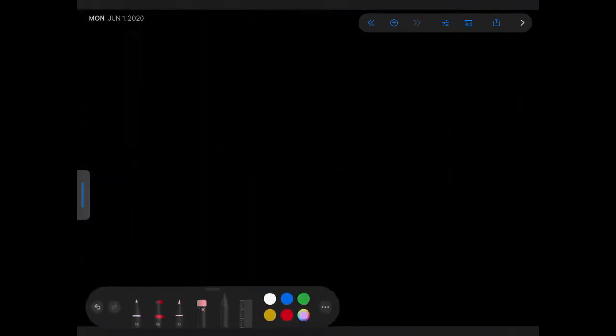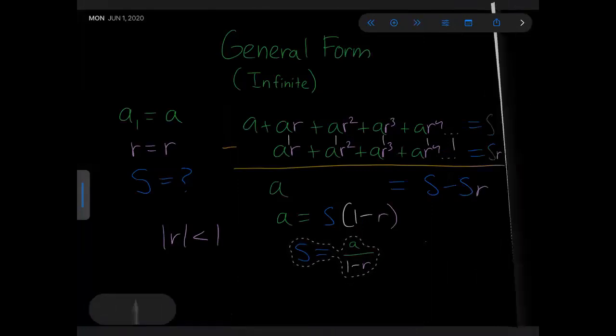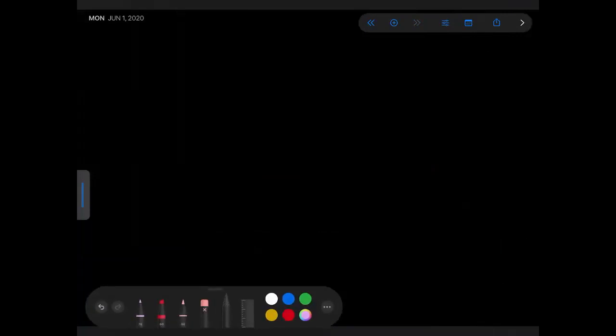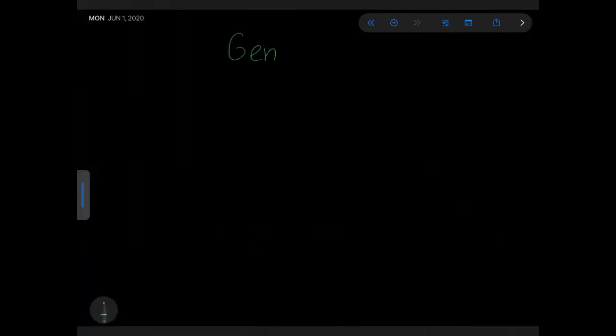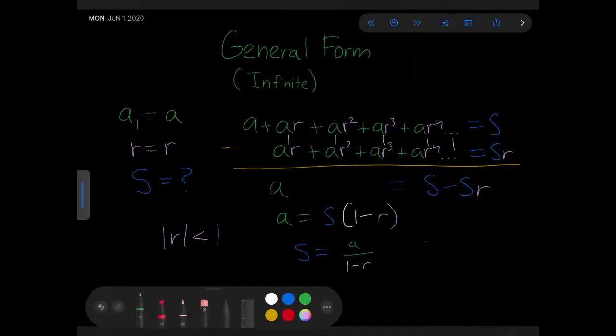What if you wanted to find the finite form? So instead of infinite terms, you had a set number of terms. Let's look at that. General form for finite geometric series. Well, we're going to use much the same logic, so I'm just going to copy and paste a bit from this.